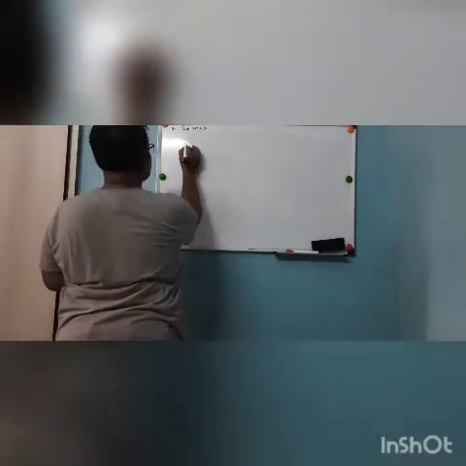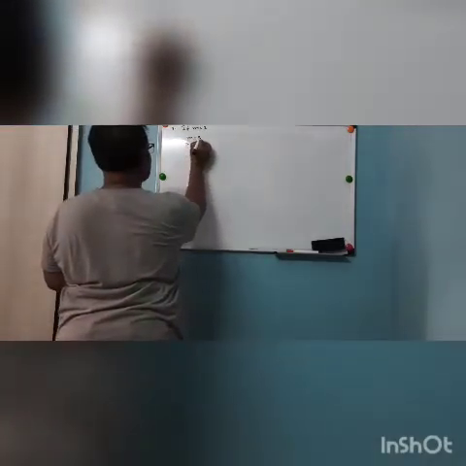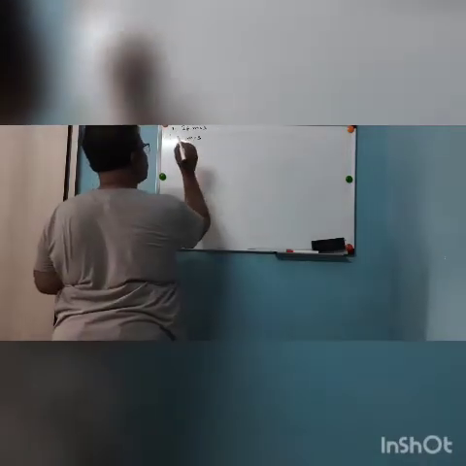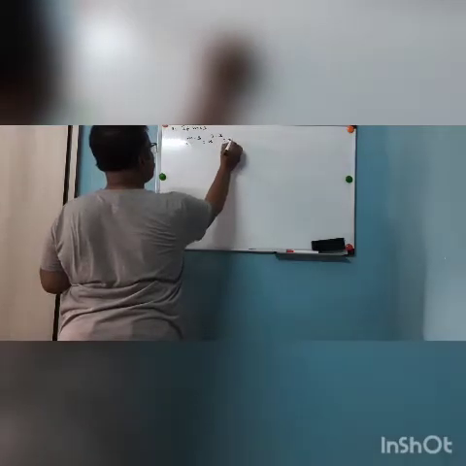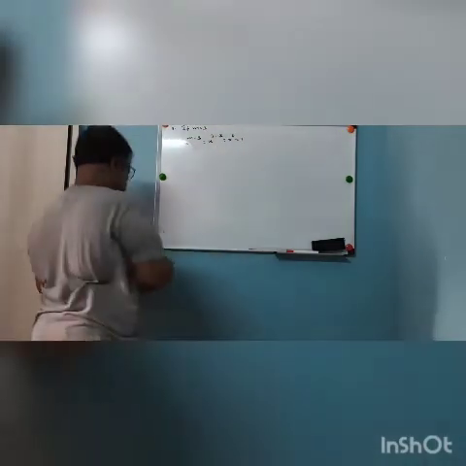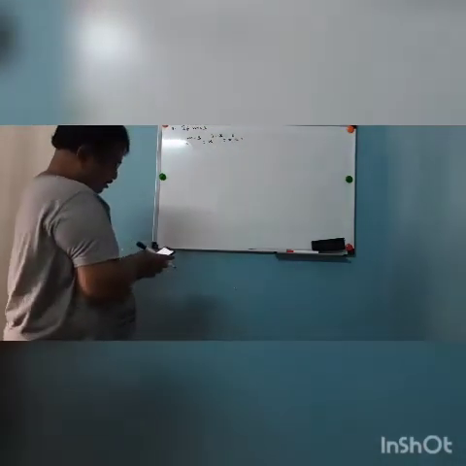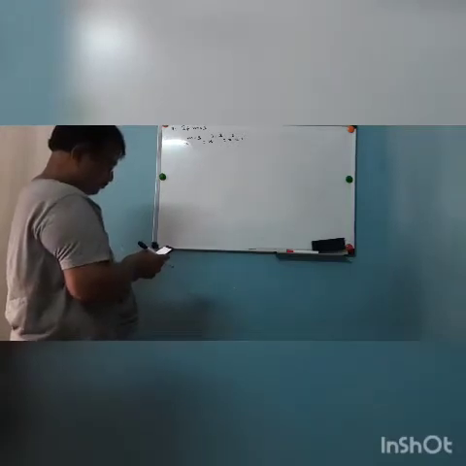So x raised to m minus 3 means x power m minus 3. Here m is equal to 3, that's why x power 3 minus 3 is equal to x power 0, that is equal to 1. So the option is third option.